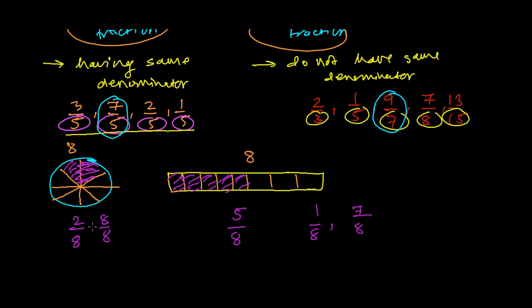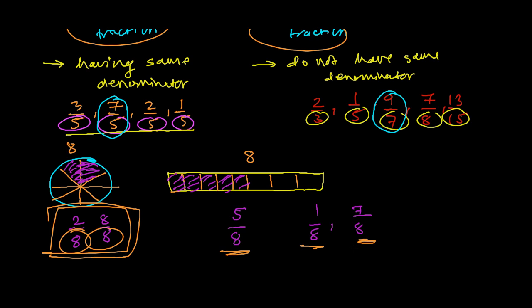If I am dividing it into an equal number of parts, 8 equal parts, then both of these are like fractions. Similarly, in the case of the chocolate, I separated it into 8 parts, so whatever fractions I write according to the 8 sections, all are like fractions.